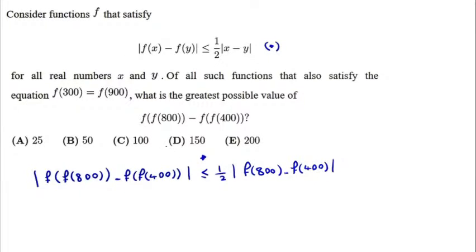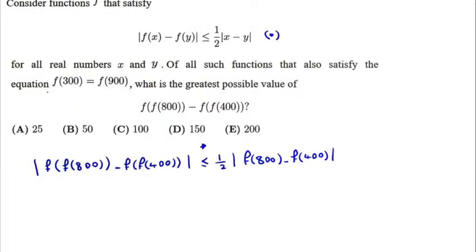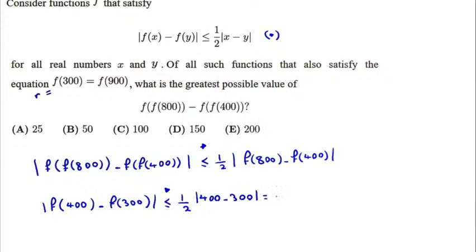Now, consider f of 300 equal to f of 900, and let's call it r. So we know that f of 400 minus f of 300, by applying star, is less than or equal to 1/2 (400 minus 300), which will be 100 over 2, 50.